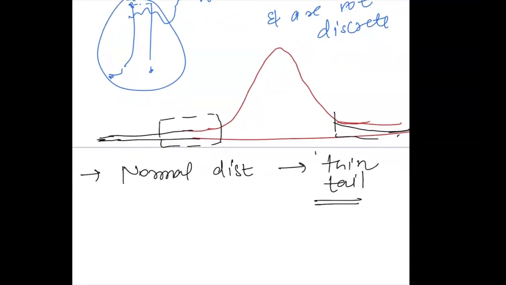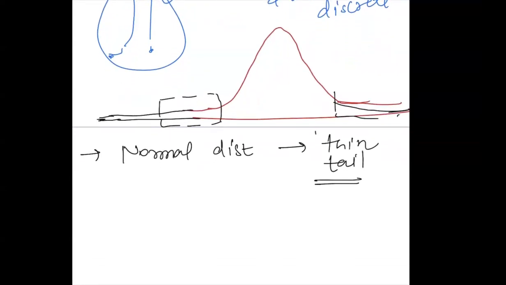So whenever there are big fluctuations in your stock prices, there are other distributions like the student T distribution, which has fatter tails.